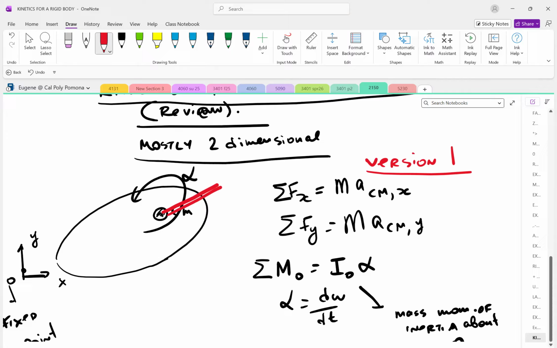This is the resultant force, and this is the acceleration, and it's equal to mass times acceleration of center of mass. So that's the equivalence that is given by these two equations.